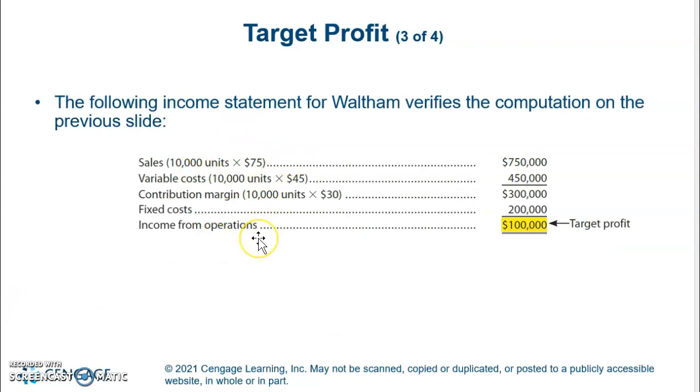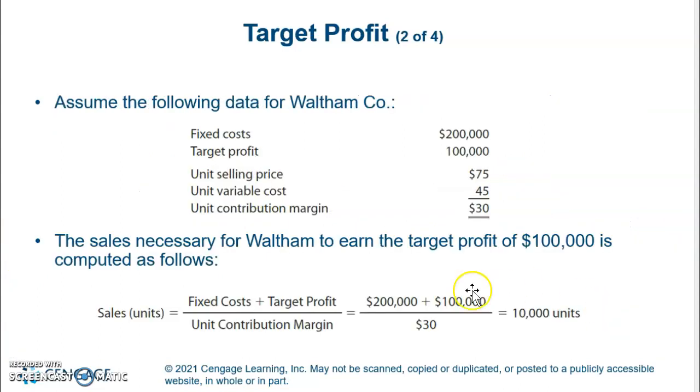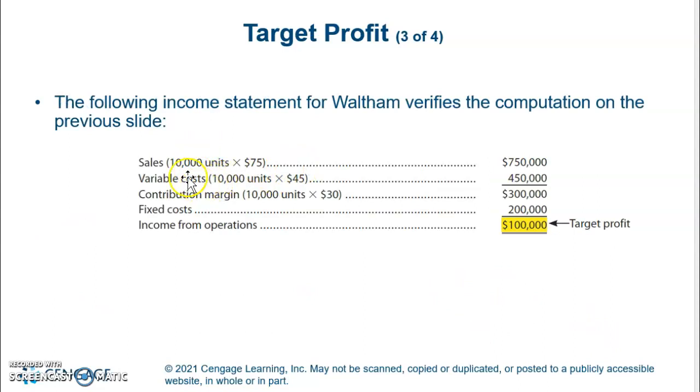So here's just the income statement showing you that. You can plug it back in. Your 10,000 units. Plug that 10,000 in each time and figure it out. And it should get you to 100,000, which is what we want for our target profit.